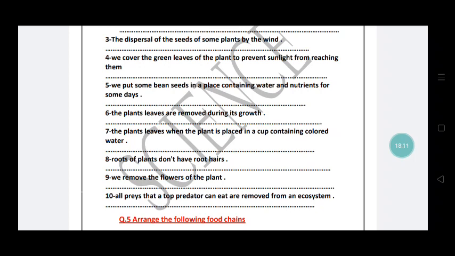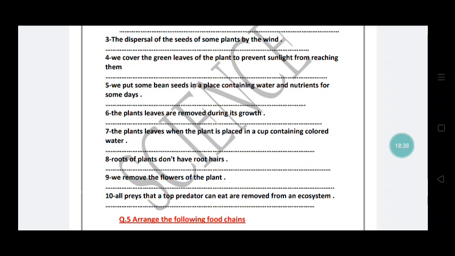Okay. We cover the green leaves of the plant to prevent sunlight from reaching them. The leaves will be yellow, and will be fewer, and finally the plant will die.